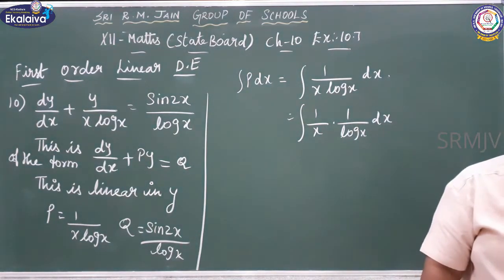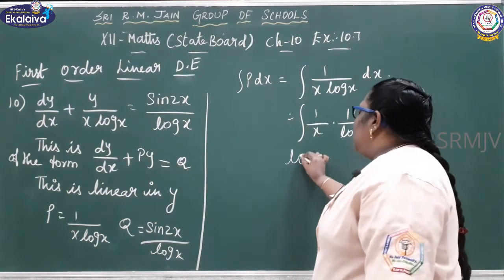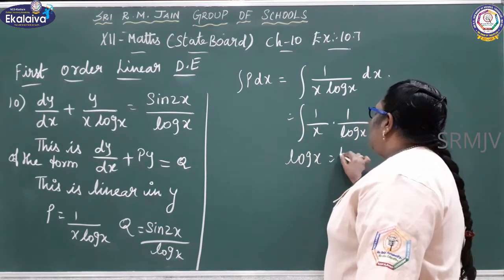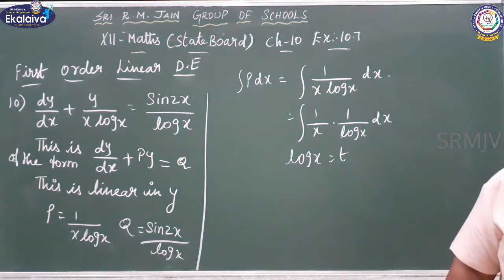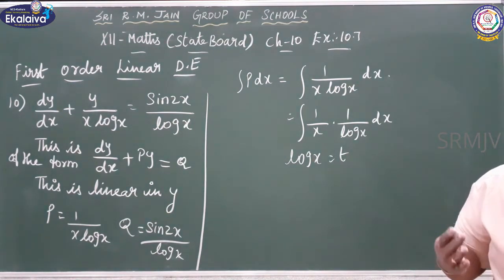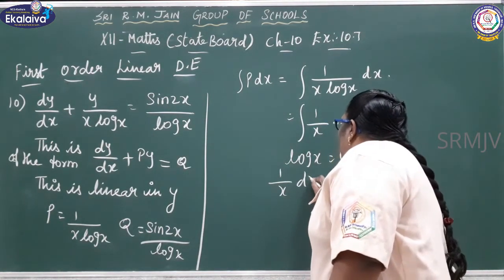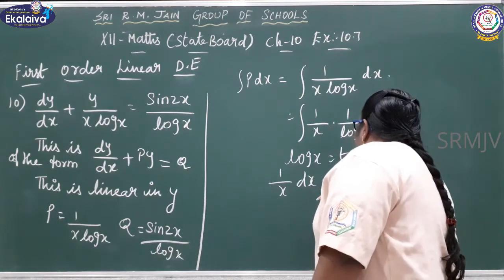Let log x equal to t. Differentiate with respect to x on both sides: 1 by x into dx equal to dt.